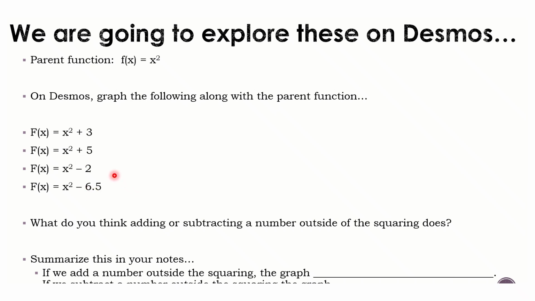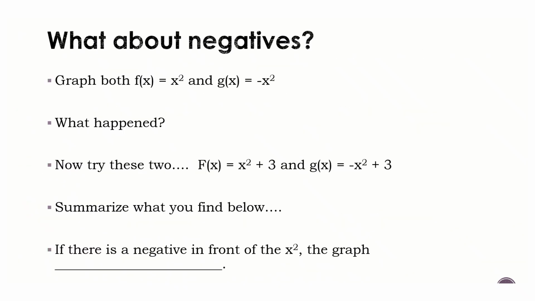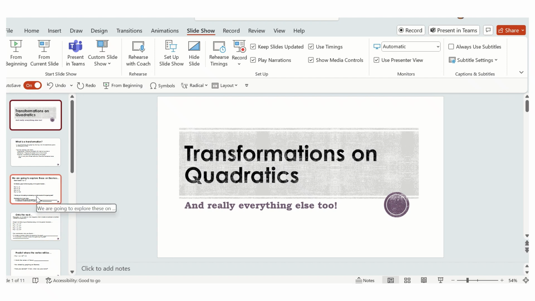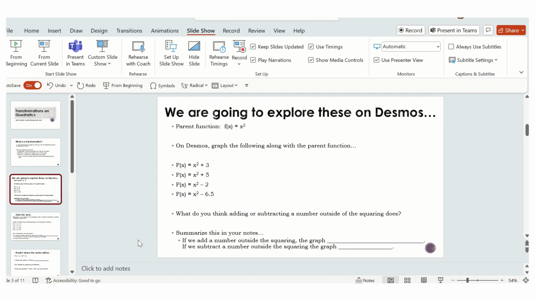If we add a number outside the squaring, the graph does what? Now you should be able to see it. If we subtract a number outside the squaring, the graph does what? What is the graph doing?